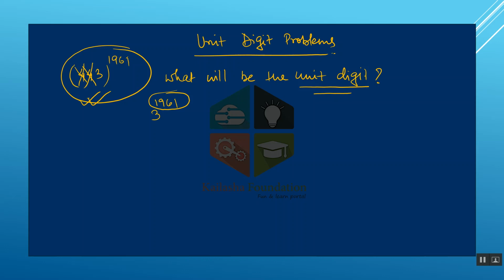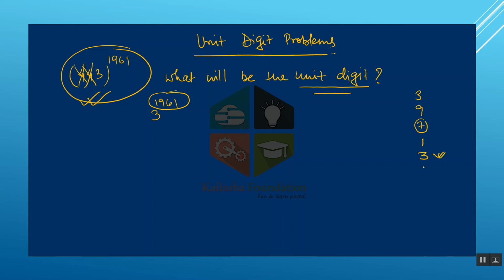Let us see. 3 raised to the power 1 is 3, then 3 raised to the power 2 is 9, then we get 27, that is 7 is the unit digit, then 81 we get 1, and then in 3 raised to the power 5, 3 is again multiplied with 243, and 3 comes back.